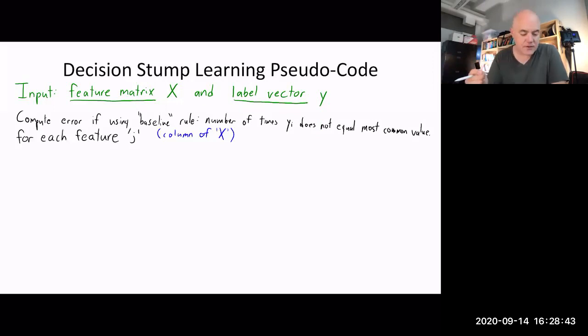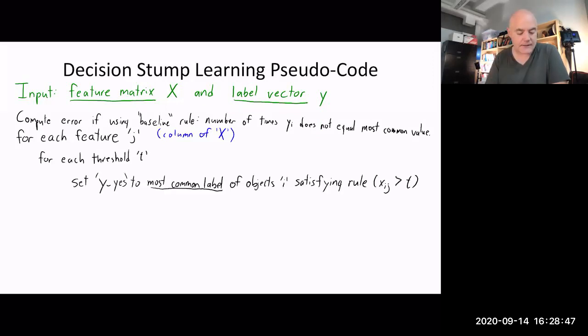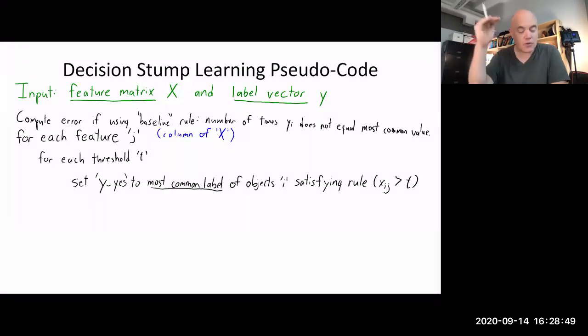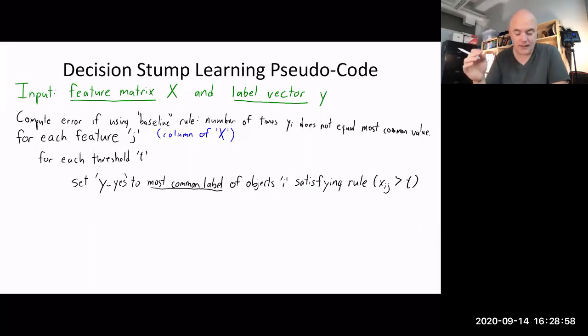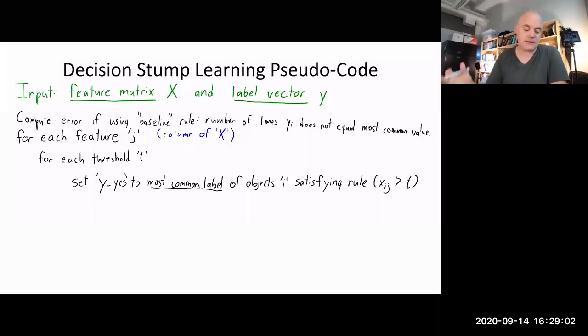Then for each feature j, in other words each column of our feature matrix X, and for every unique threshold t in that column, you set y yes to the most common label of objects i satisfying the rule. So you basically take the mode of the labels where x ij is greater than t.